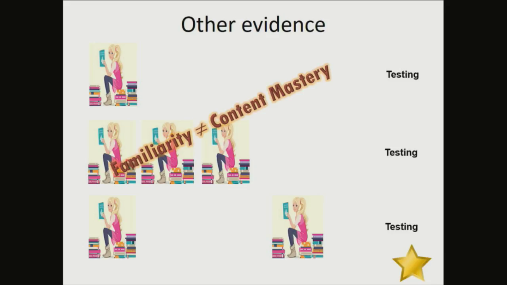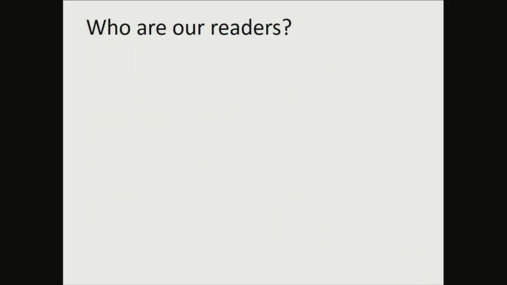But before we do that, we have to think about who's reading the book. Who are they? Why are they reading the book? I like to talk about the book Green Eggs and Ham, because everybody's read it or heard of it. There are 2 levels of this book. There's the concrete level of the ending of the story, which is the guy ate green eggs and ham and decided he liked them.